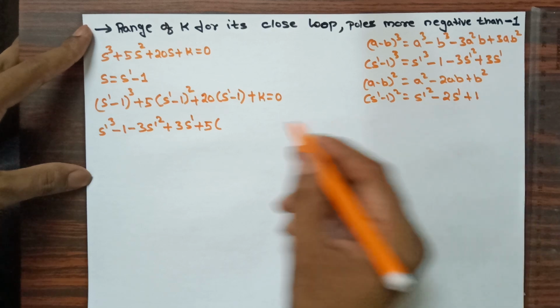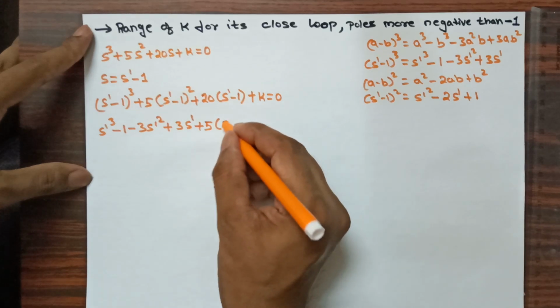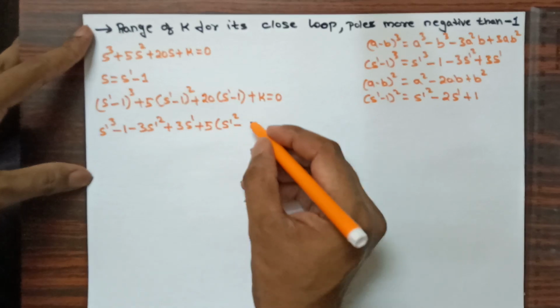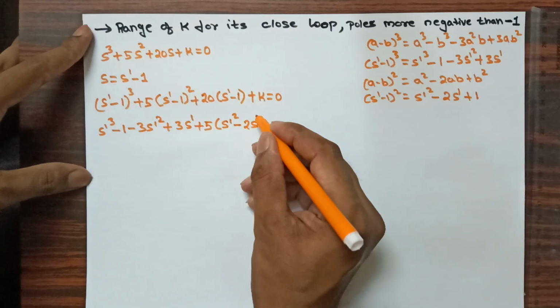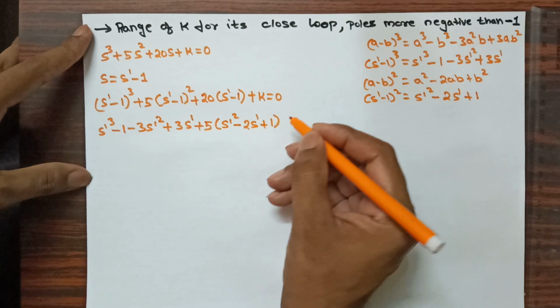Now this value I am going to substitute here in place of this, that is s dash to the power of 2 minus 2 s dash plus 1.